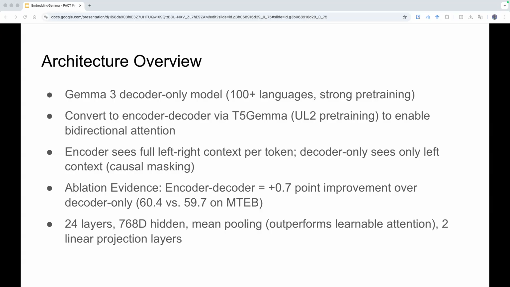This approach gives insight into understanding the text from left to right and right to left. Based on one of their ablations, the encoder-decoder model had a 0.7 point improvement compared to the decoder-only model.